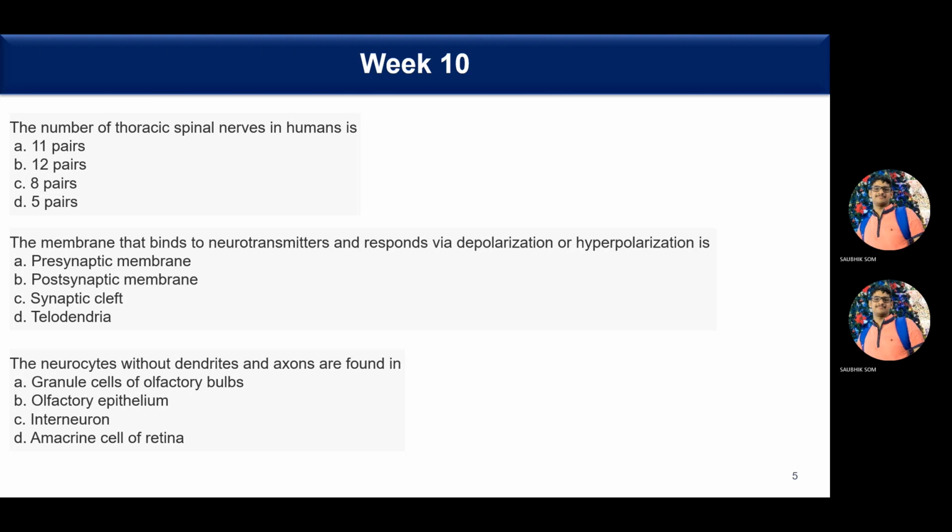The neurocytes without dendrites and axons are found in the granule cells of olfactory bulbs, olfactory epithelium, interneuron, or amacrine cells of retina.